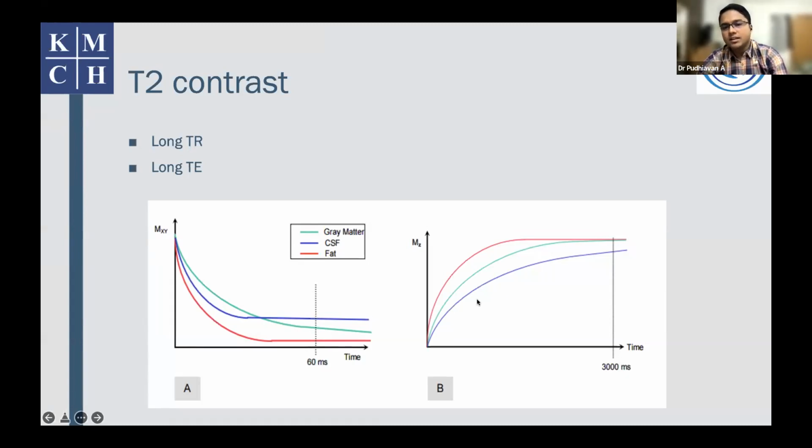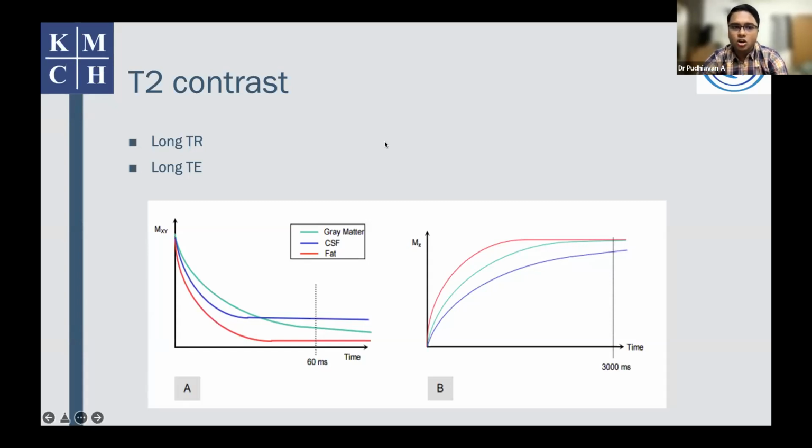Whereas in a T1 relaxation curve, as time progresses, all the protons in all the tissues will start gaining magnetization along the Z magnetic field, and after some time all the protons would have gained the maximum amount of magnetization along the Z magnetic field, so there will be hardly any difference in the magnetization of protons in different tissues.